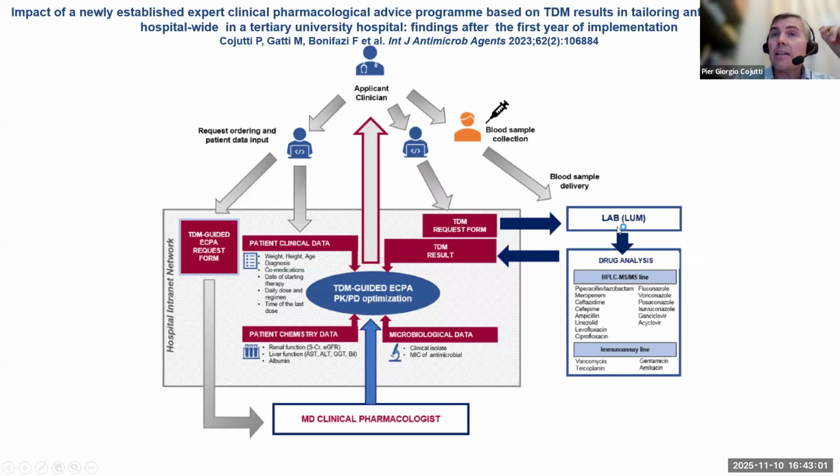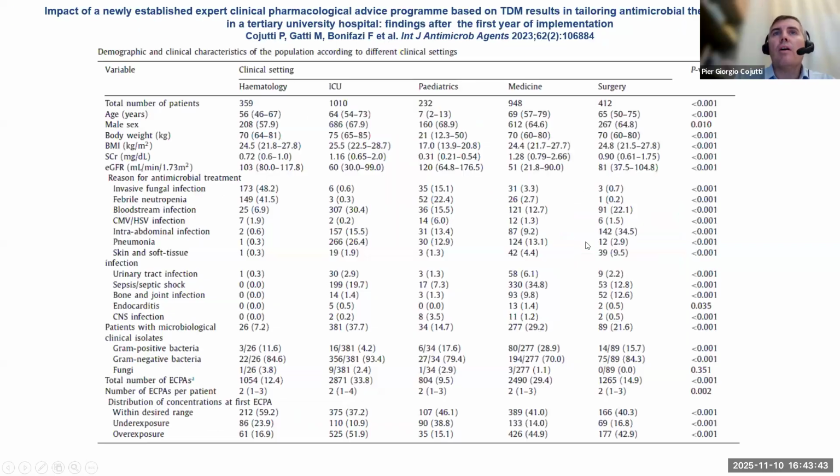Then drug concentrations are put in an electronic intranet system, and clinical pharmacologists interpret the drug concentration in light of all the characteristics that I told you before: patient pathophysiology, microbiological characteristics, so MIC, and patient data, of course, so the existence of drug-drug interaction, the daily dose, co-medication, and diagnosis, in order to provide the requesting physician clinical pharmacological advice on how to adjust drug dose, back to the requesting clinician possibly within the same day.